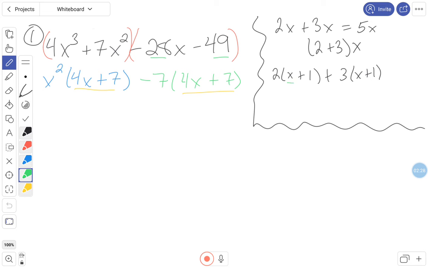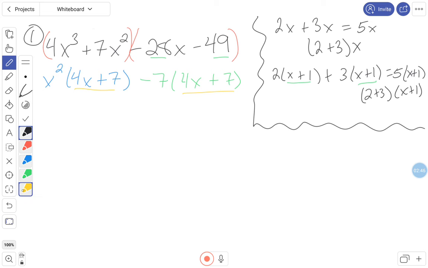Well, these are still the exact same. It's just that they're really fancy like terms this time. So this one would be 5 of the x plus 1s. And again, the way you got that was by taking the 2 plus the 3 for the x plus 1s.